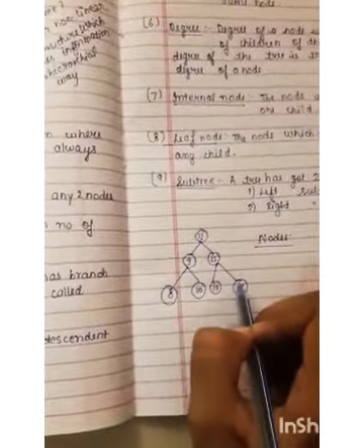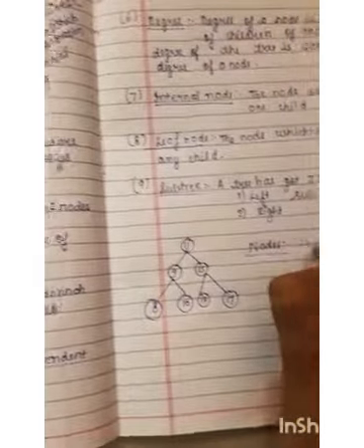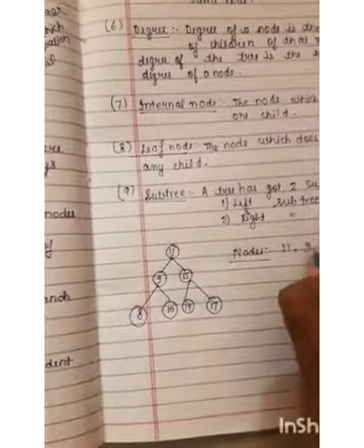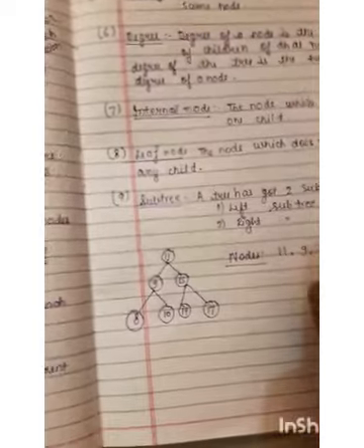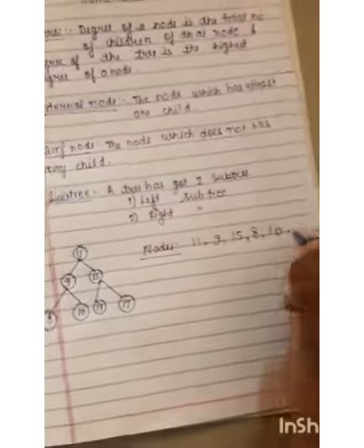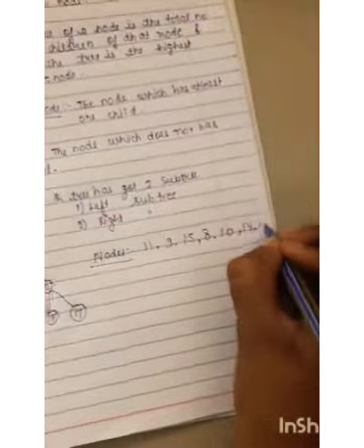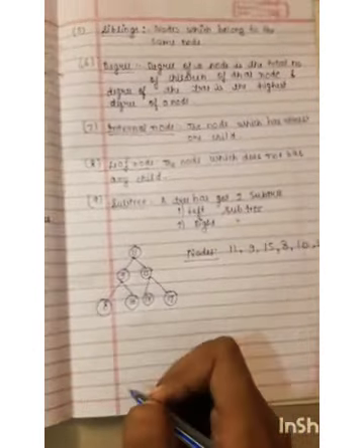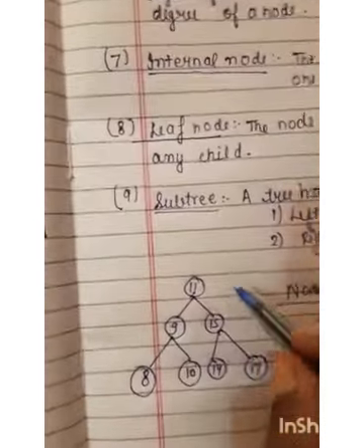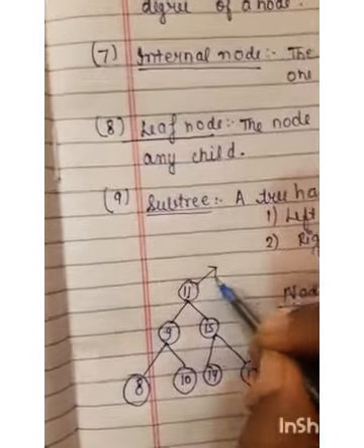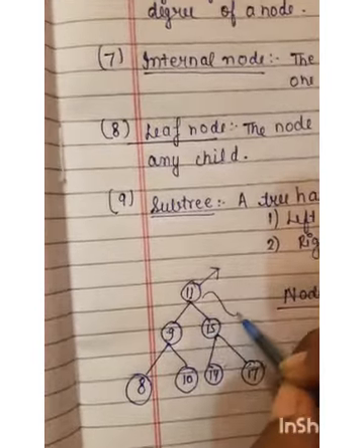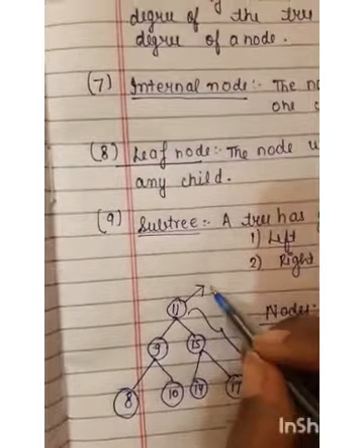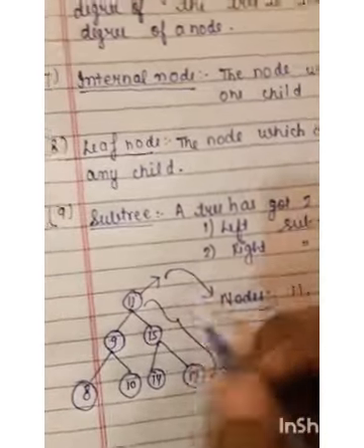That is a node. Like here 11, 9, 15, 8, 10, 14 and 17. They are the nodes. Now out of all these nodes, which is the root node? You can see here 11 is the main node from where this tree originates. So basically this node is our root node.